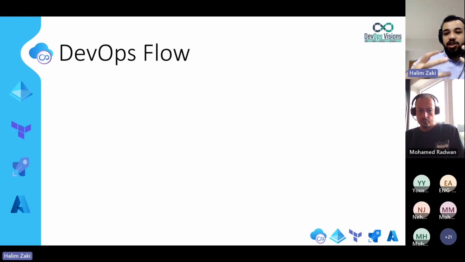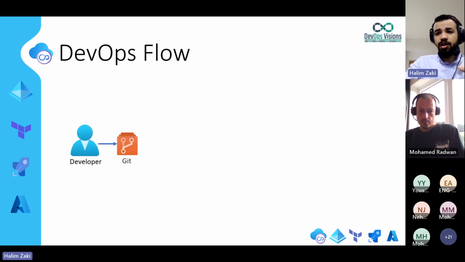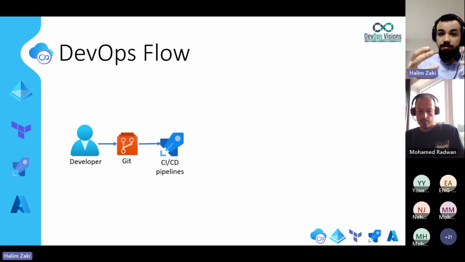So what is the normal DevOps flow that we see inside companies nowadays by adopting only tools? We start with a developer who writes the code and pushes it to Git. You can use Git, GitHub, whatever. Then Git will have some triggers to start your CI/CD pipelines, which will build your application. Maybe you use Docker containers, or normal application builds.